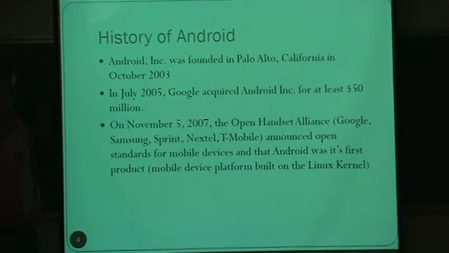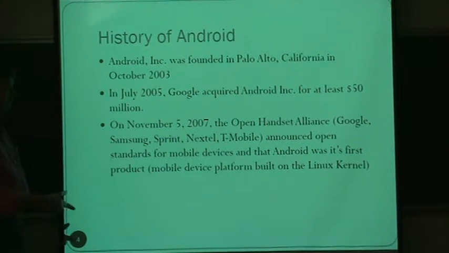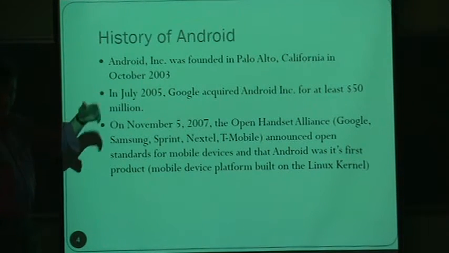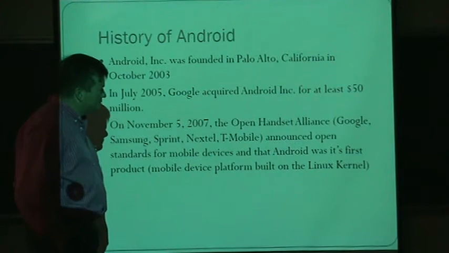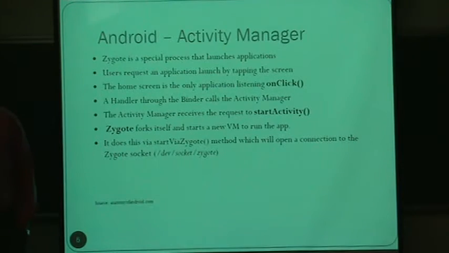So a little bit of a difference, but the main focus was, and there was an alliance of Google, Samsung, and Sprint that got together and wanted to have some open standards for Android, so that it would be very easy for the computer science world to create many, many apps for the phone.